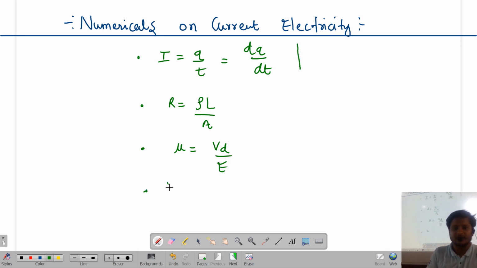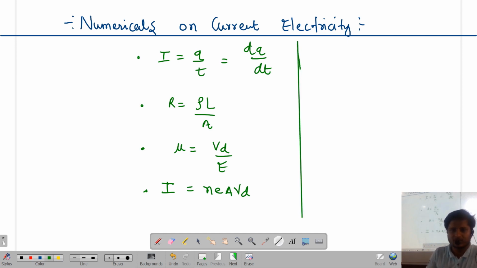Last formula, including drift velocity, I is equal to NEA VD, where A was the area of cross section. Got it or not?